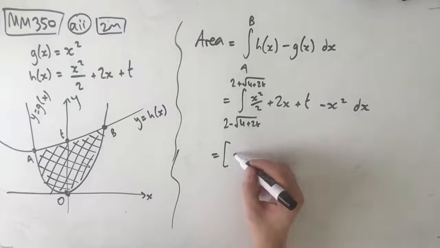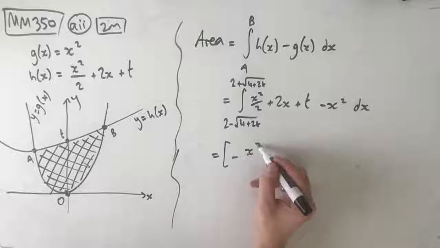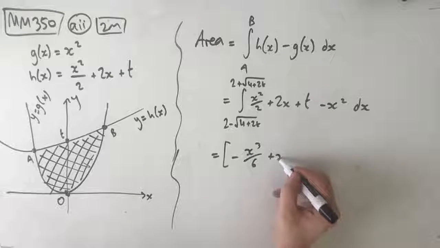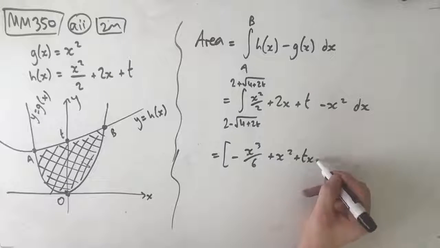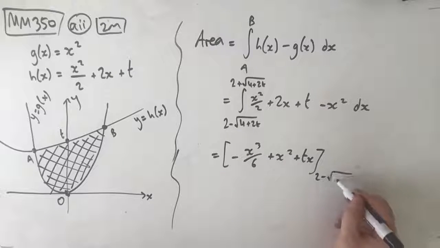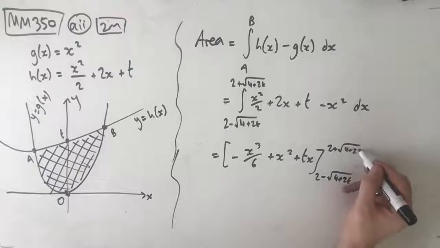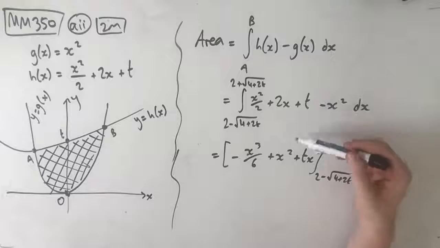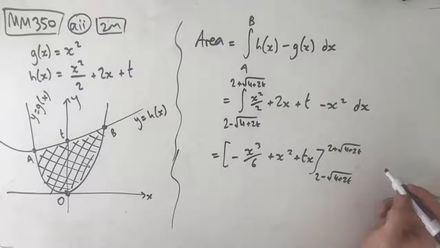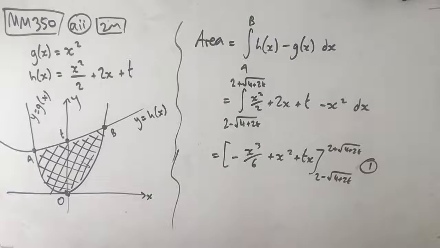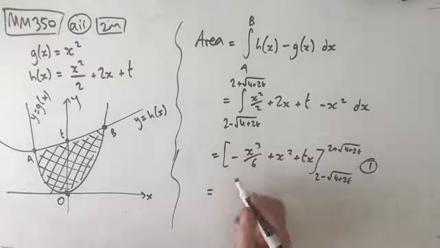This gives us our value of negative x cubed on 6 plus x squared plus tx from 2 minus root 4 plus 2t to 2 plus root 4 plus 2t. So you can just chuck this into your CAS and get to this next point here. This is your first mark, okay? And then what we need to do from here is just evaluate this.